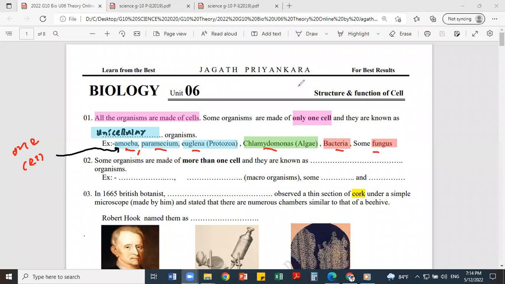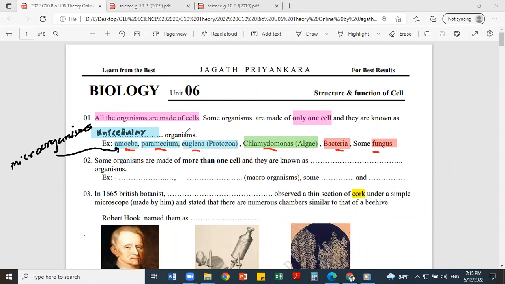That means we can observe them under a microscope. Since they are seen only under a microscope, they are also known as microorganisms. Therefore, unicellular organisms are also known as what organisms? Microorganisms. You can write one more name separately for this. They are also called microorganisms.